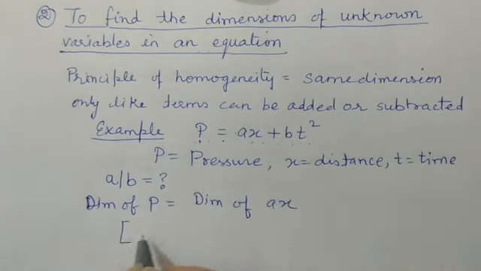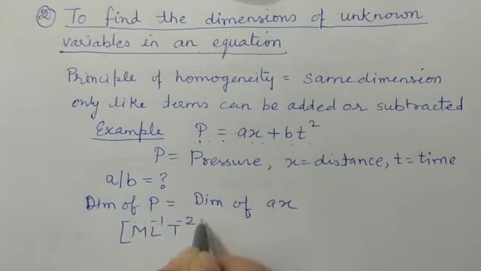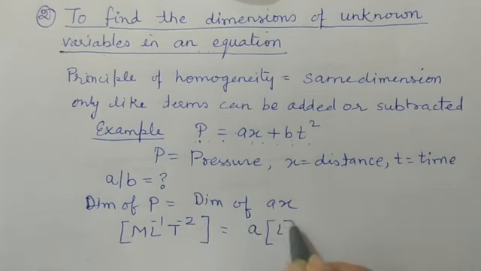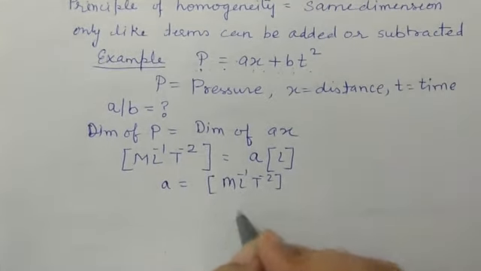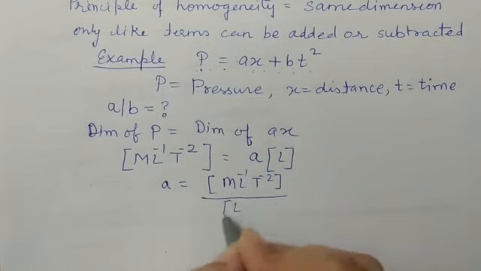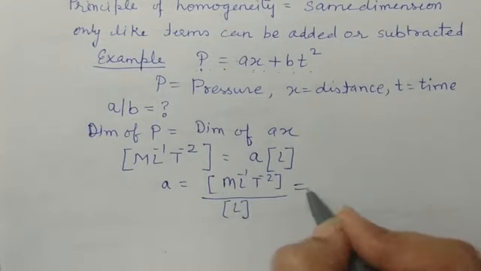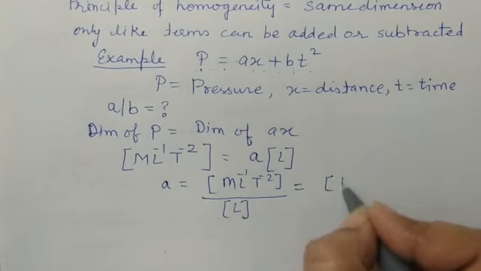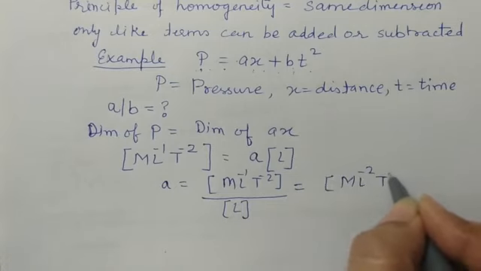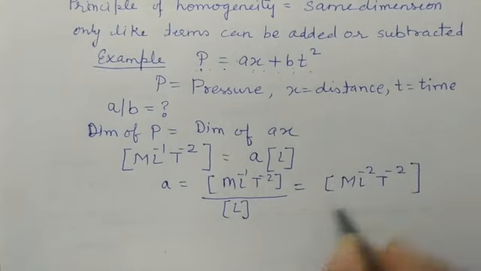Pressure is, we know, ml minus 1 T minus 2, and here AX has dimension L. So dimension of A can be calculated by dividing it, and we get here ml minus 2, T minus 2. So A has dimension ml minus 2, T minus 2.